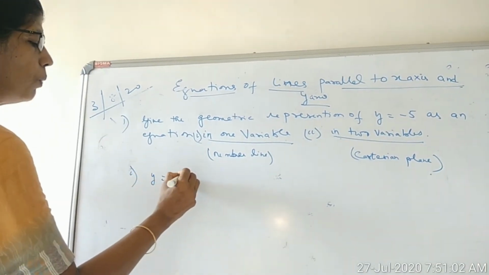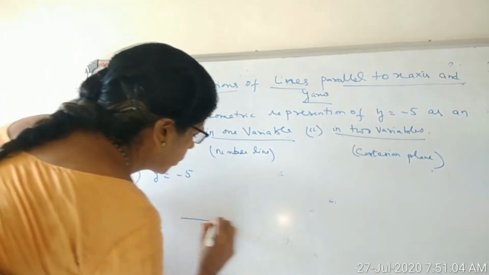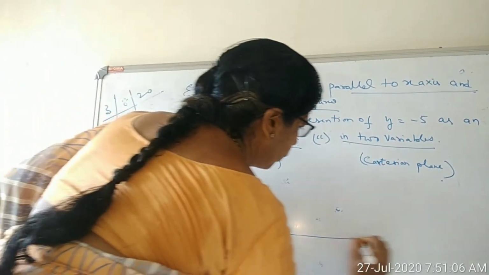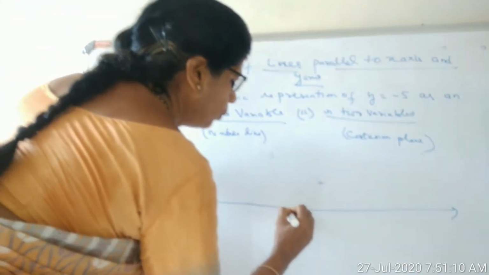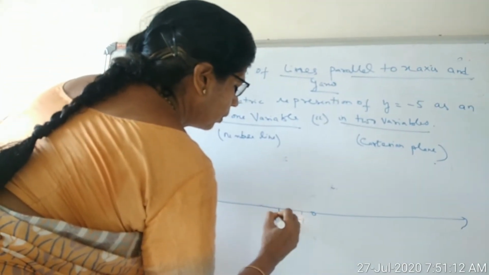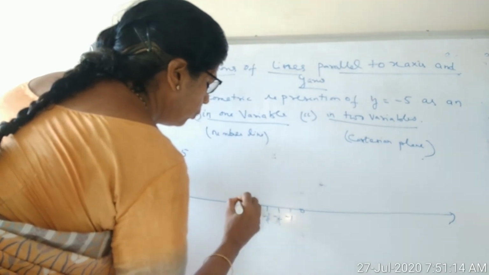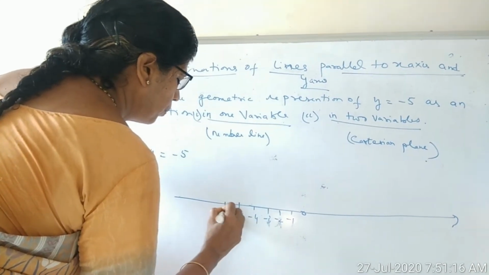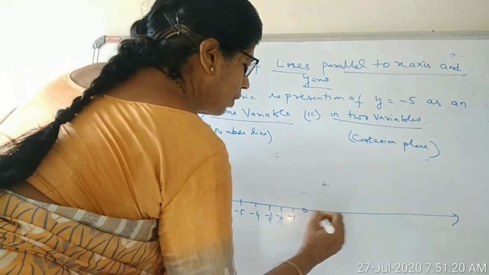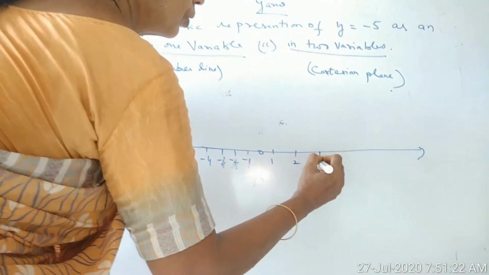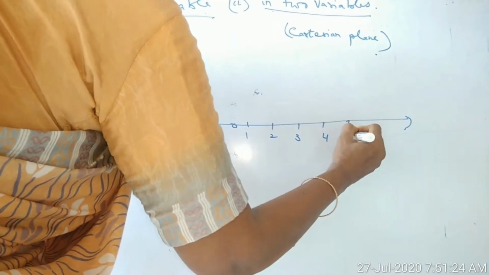Y is equal to minus 5. Just draw the number line. All of you know the division of the number line. To the left of 0, negative. To the right of 0, positive. 1, 2, 3, 4, 5.